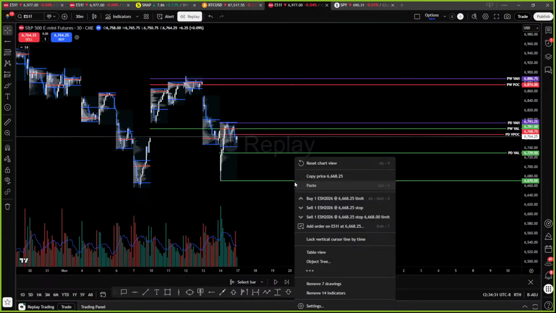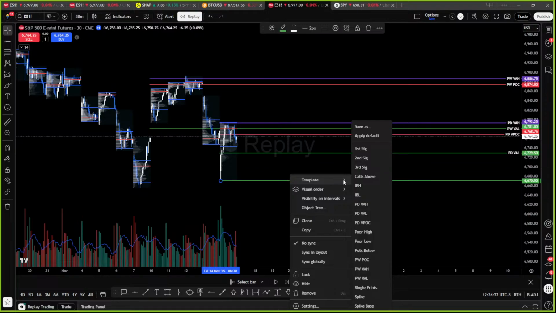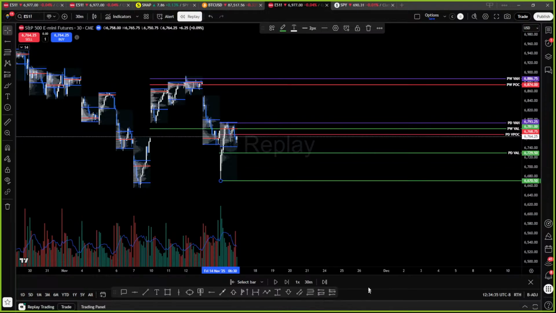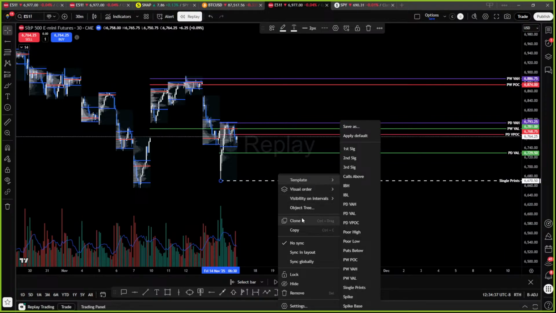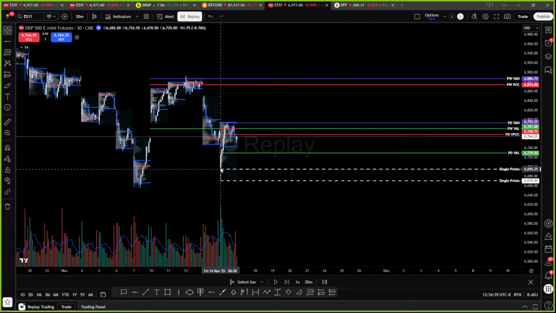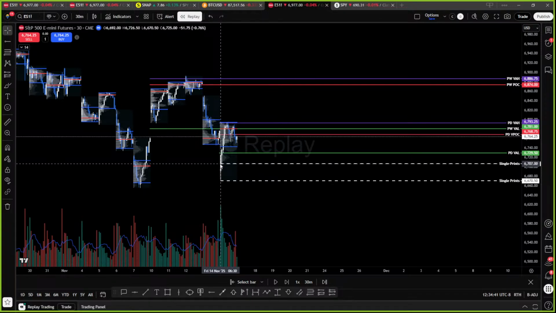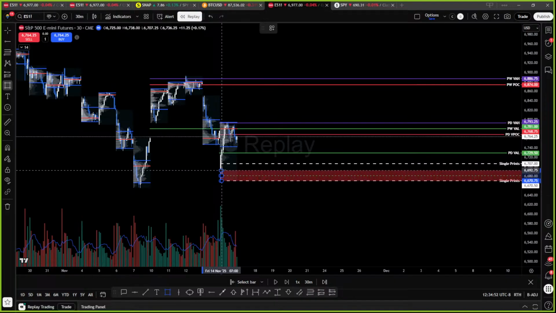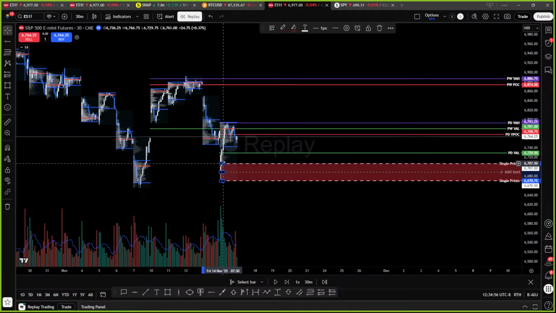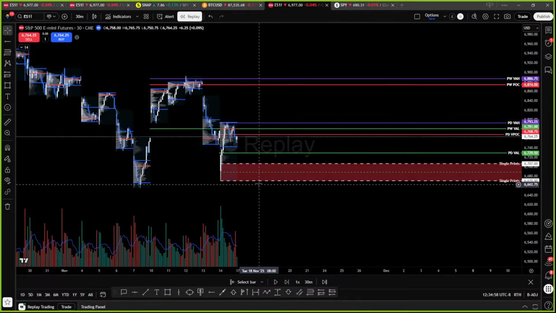So single prints at the bottom here, right? And we're just going to literally go day by day. And for me, when I have single prints, I like to enter at the mid. And then my stop loss would be somewhere below this.